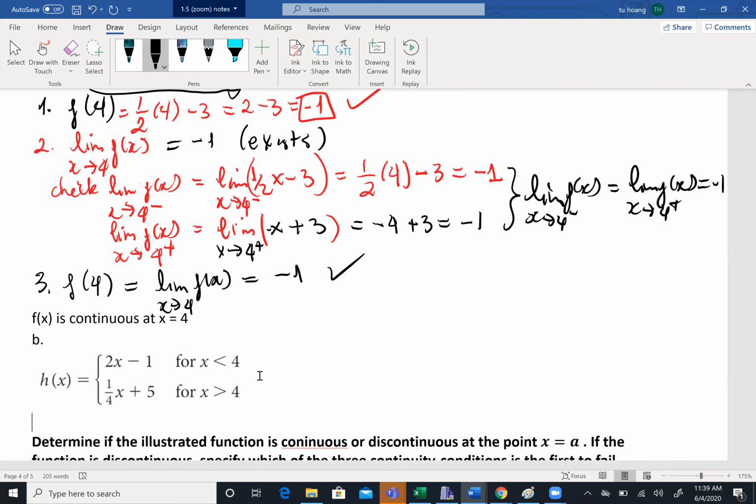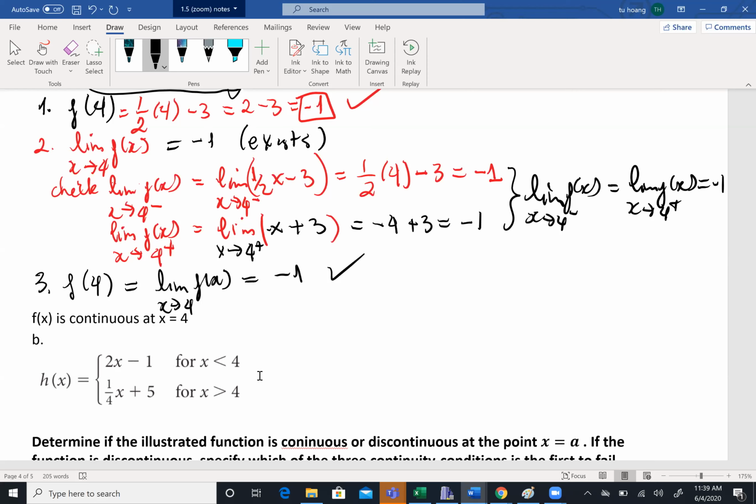But the two pieces of this function don't include the value for x equal to 4.